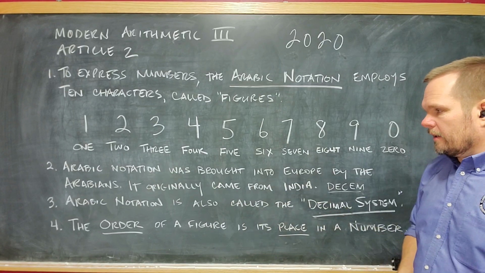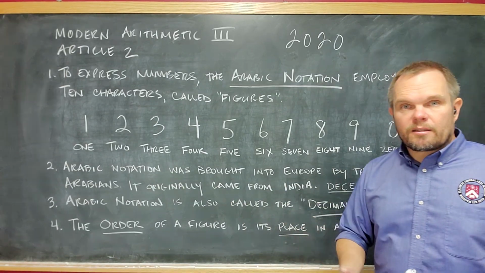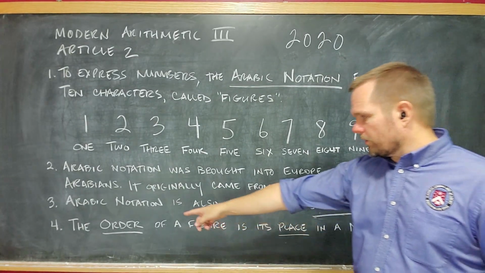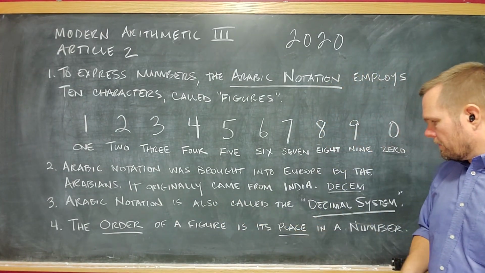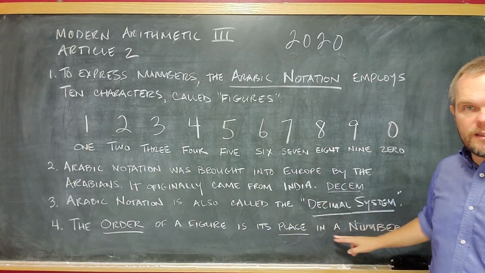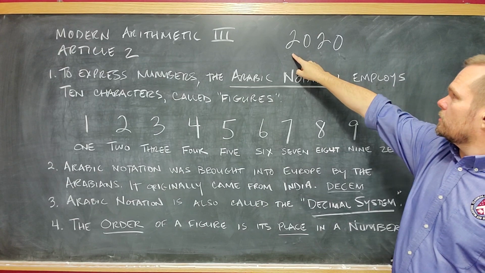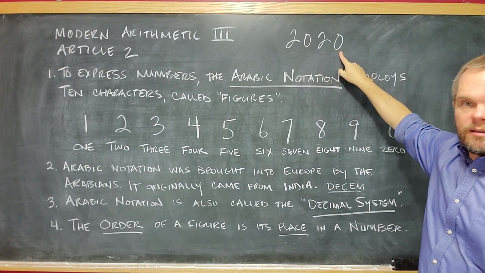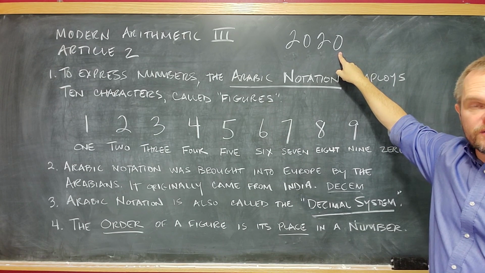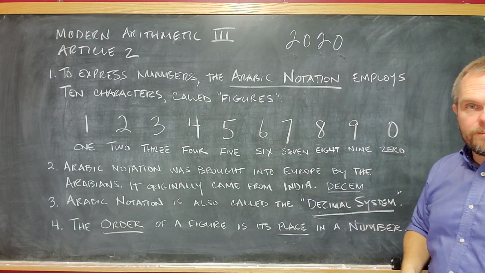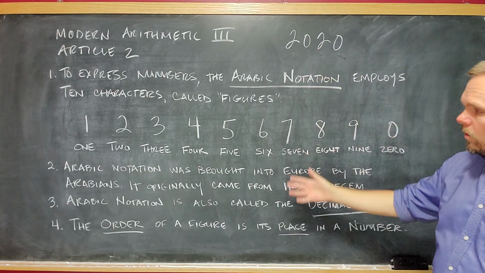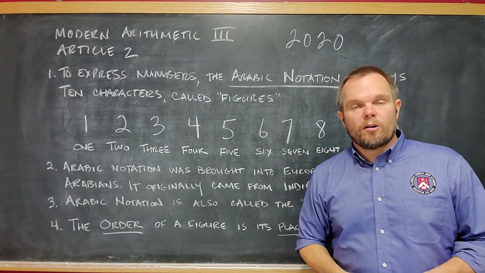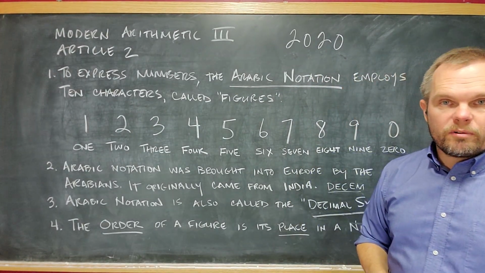And then lastly, to get us ready for the next lesson, we learned the order of a figure is its place in a number. And I showed you the number 2020, and we looked at the different places that the figures are in this number. Okay? That's all that's contained in Article 2 in Modern Arithmetic 3.